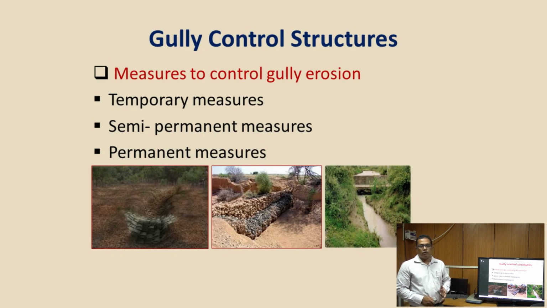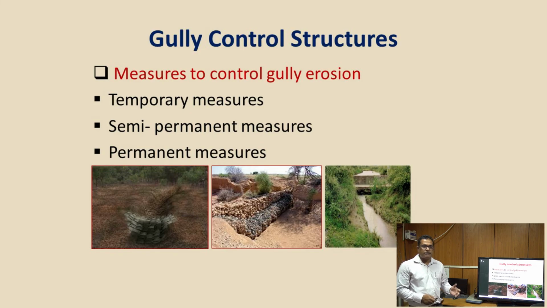Over time, if it is not attended to, it will increase in size and deepen, and a lot of cultivable or productive land is rendered useless. To control such a gully, we have three measures: temporary, semi-permanent, and permanent.